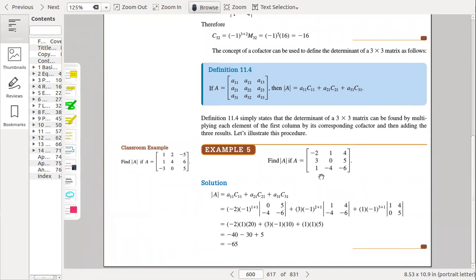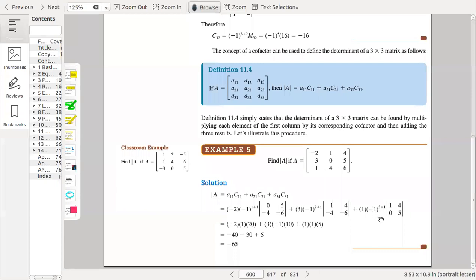So then A11 is minus 2, and then the cofactor, minus 1 power 1 plus 1, and then this minor: 0, 5, minus 4, minus 6, then plus 3 into minus 1 power 2 plus 1, 1, 4, minus 1, minus 6, then plus 1 because we are expanding with the first column.